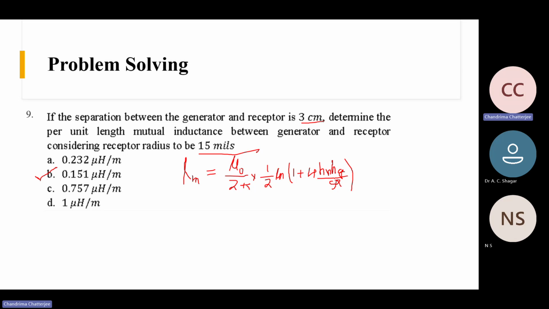HR and HG are known, a is known, 3 centimeter, and it depends on how many points after the decimal you are taking. All these things also affect the answer. Otherwise, this is just putting the values and calculating the expression, nothing else.